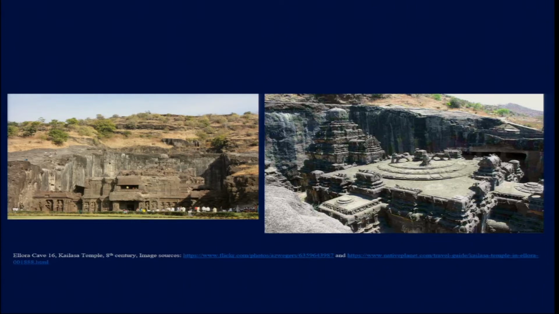Since this is a living rock structure, the entire structure is carved out of living rock, and that is perhaps the reason there was a very different way of carving the temple in this particular site, which is not the usual case.